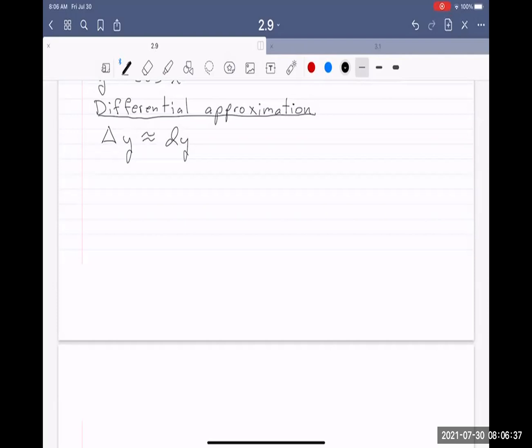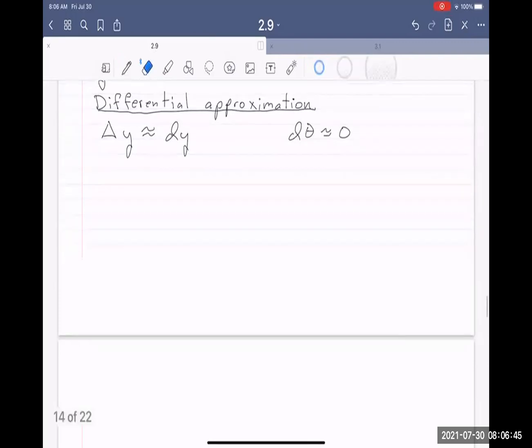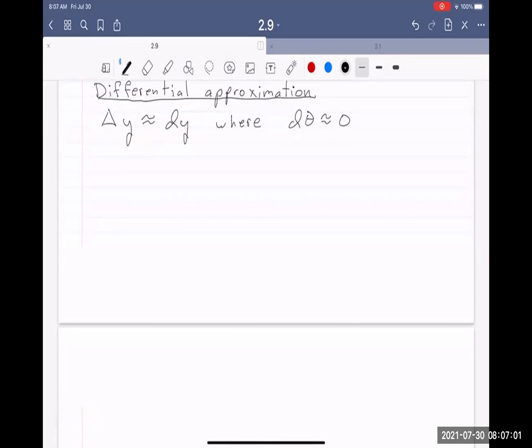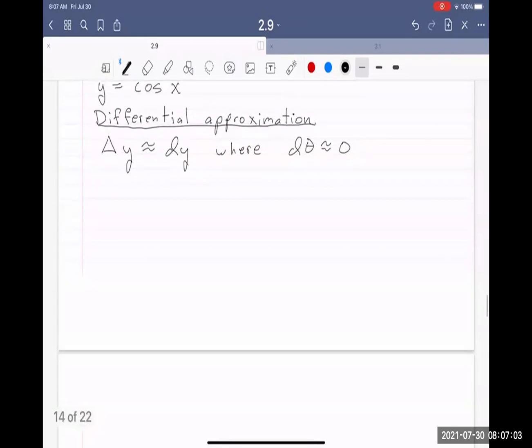This is when, of course, delta x is very small, very near 0. It will be negative 1 degree, so it's going to be very small. And so I let y equal cosine x.